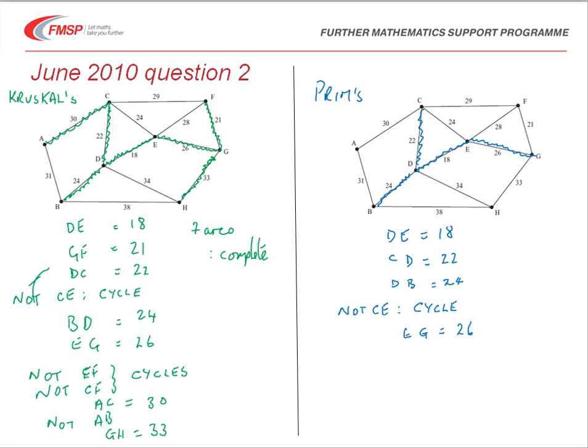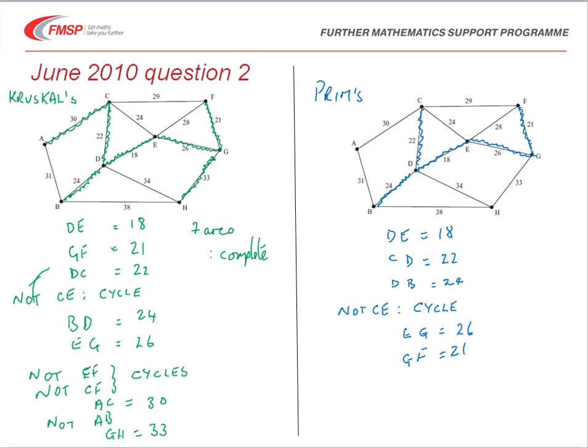And then GF, which is 21. So you can see this idea then that at all stages we have a tree, and you can look at any single part of that tree for the next ones, 21.